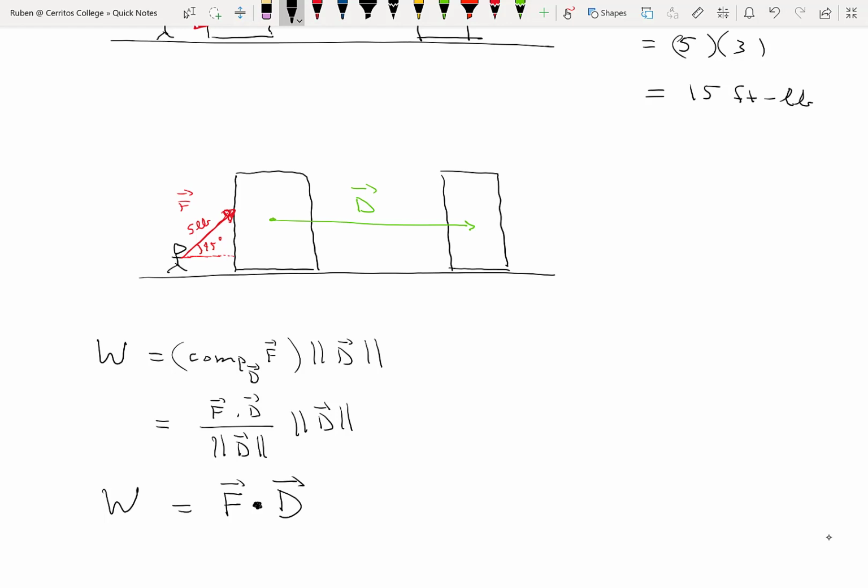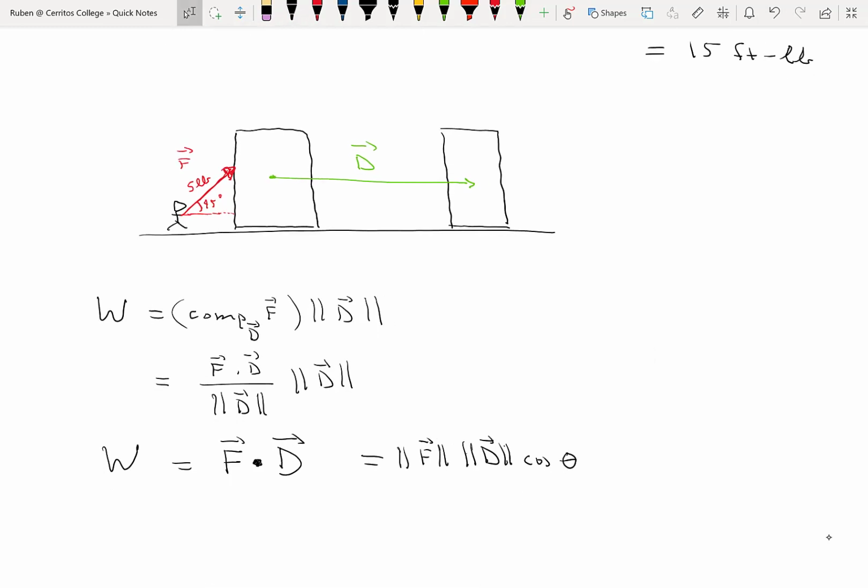Let's get an answer out of this. So F dot D is the length of F times the length of D times the cosine of the angle between the two vectors.